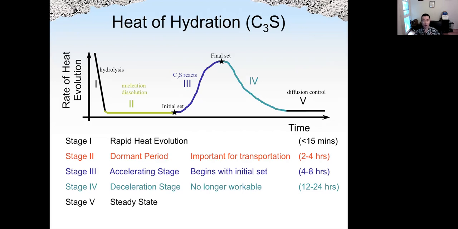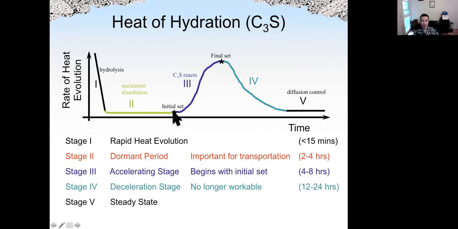So the concentration of these ions is increased during stage 2 until a certain level. We call that the threshold concentration. The threshold concentration is achieved at the end of stage 2 or the beginning of stage 3.